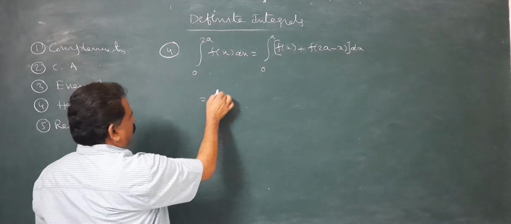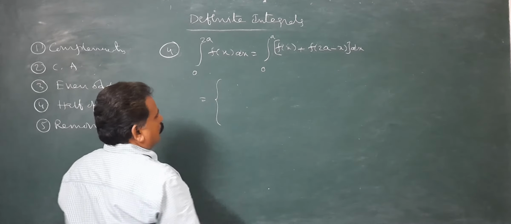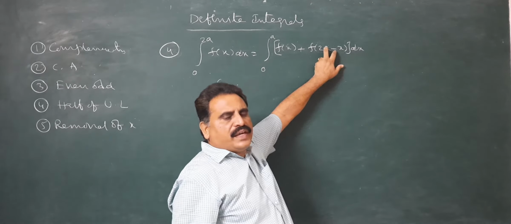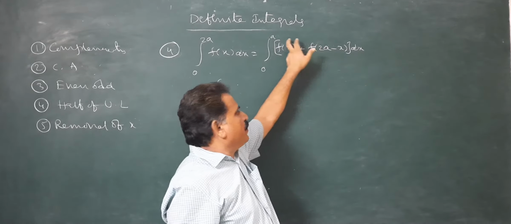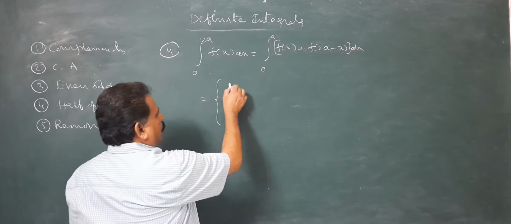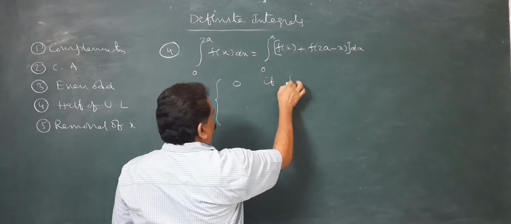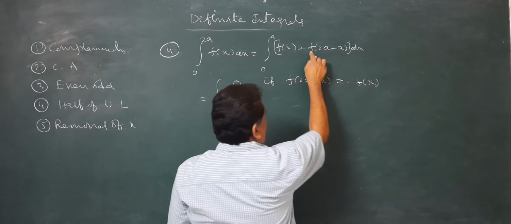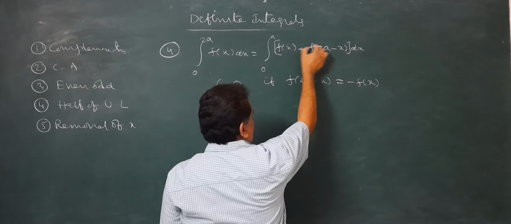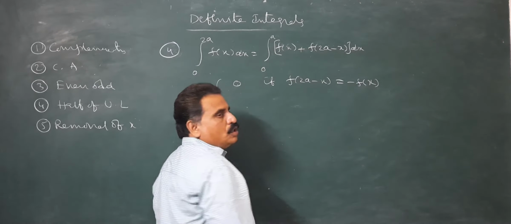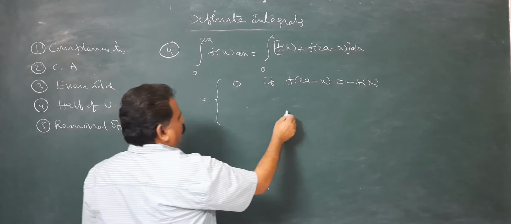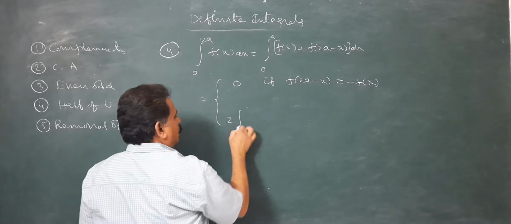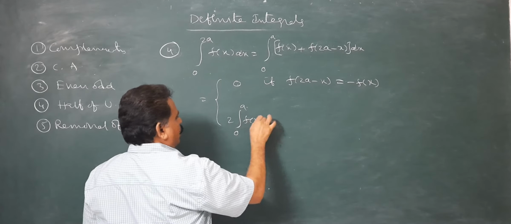If f of 2a minus x equals minus f of x, then it is 0, because f of x gets cancelled. If f of 2a minus x equals f of x, it is 2 times the integral from 0 to a of f of x dx.